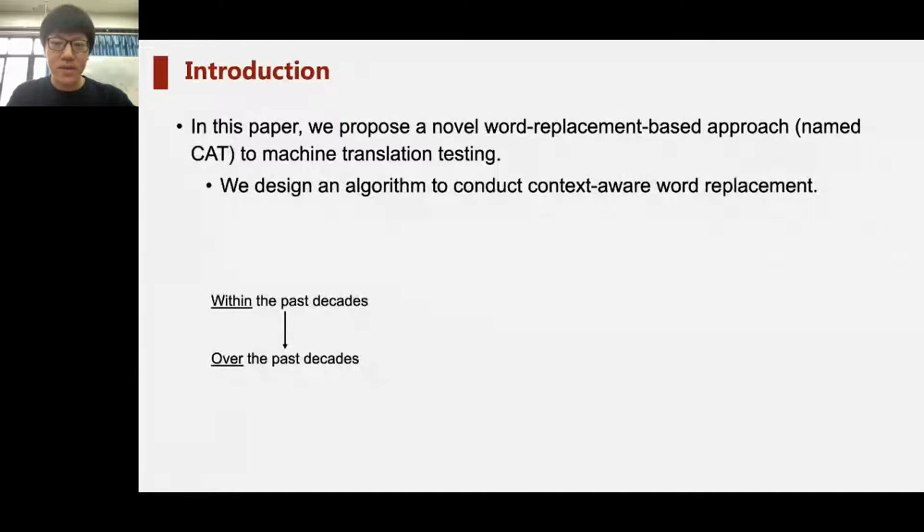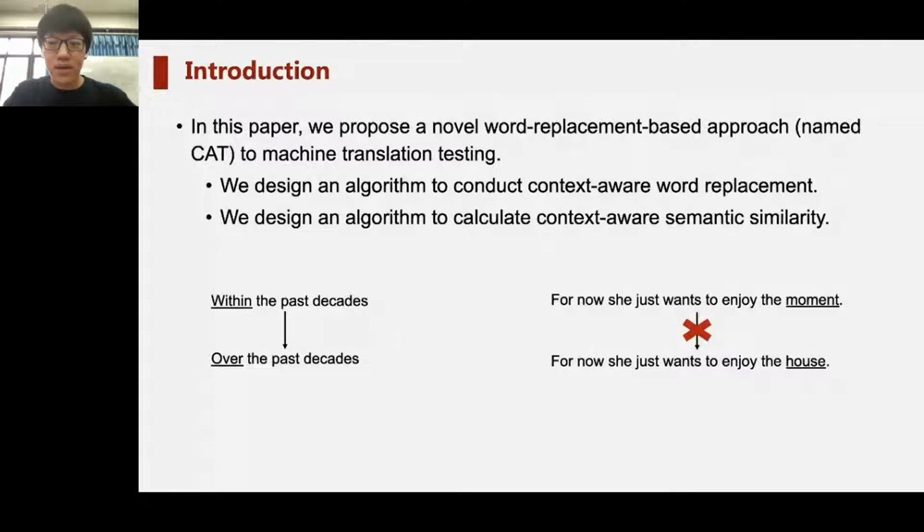To realize this, we first conduct context-aware word replacement, which replaces a word within a sentence with another word that is also suitable for the context. Then we calculate the context-aware semantic similarity between the original word and the replaced word.